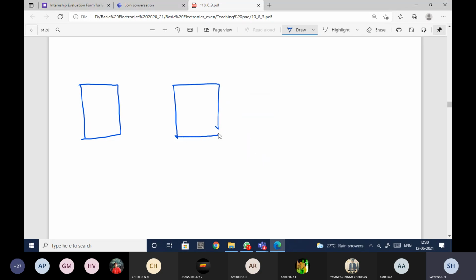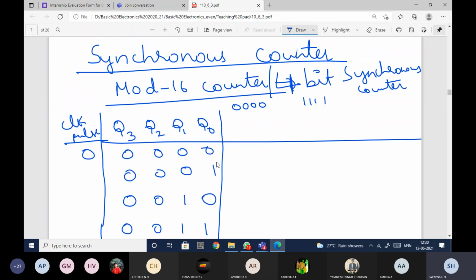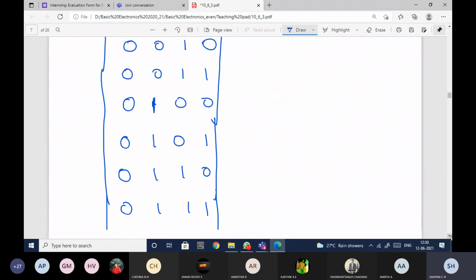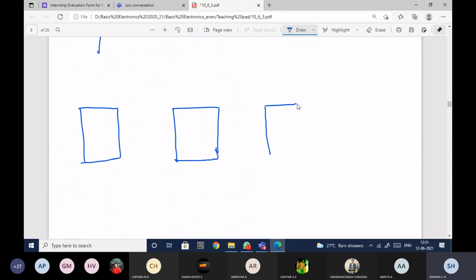If you check one state with the next state, only toggling is happening, but the toggling way is different. The approach to design this should be different. If you just take Q0, Q0 is toggling continuously. Q1 is toggling after 2 states. So here also I'll use toggle flip-flops itself. So 4 toggle flip-flops I'll use.